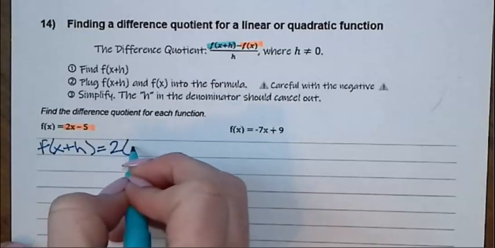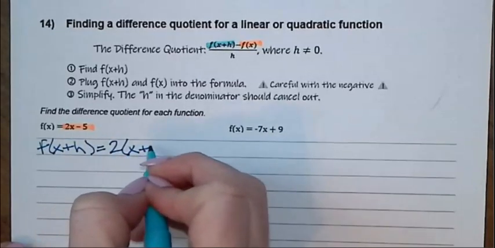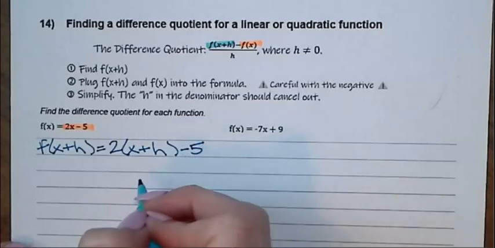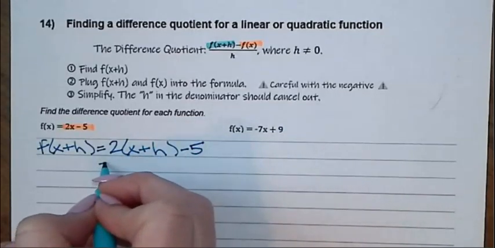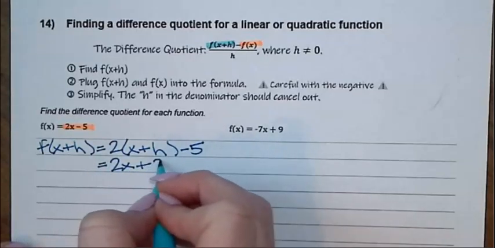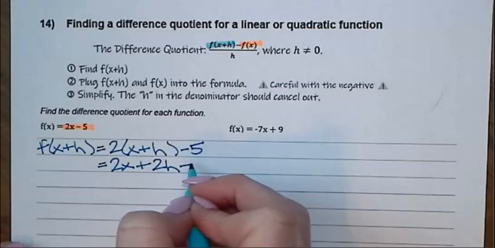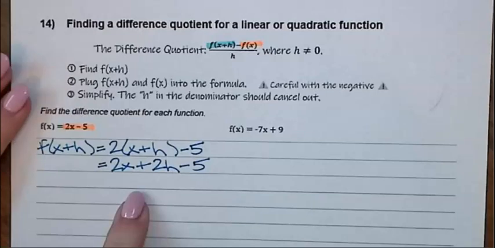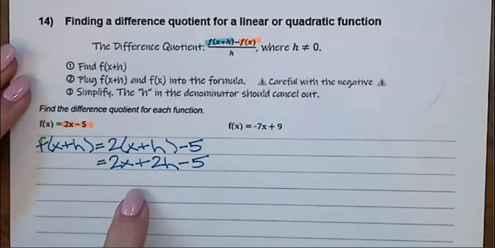So I have 2 times x plus h minus 5. I'll distribute that 2 and get 2x plus 2h minus 5. Notice we don't have any common factors or like terms, so we can't go any further than that.